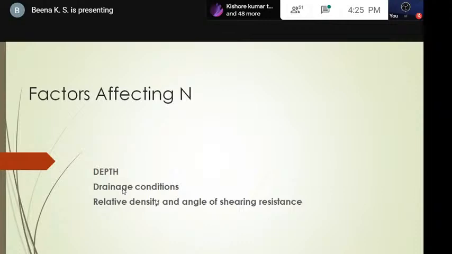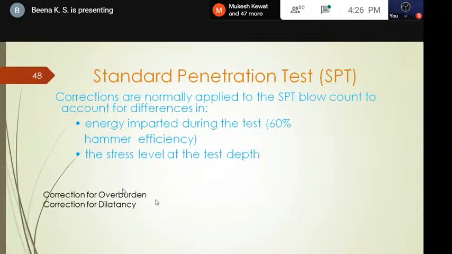These relationships have actually been developed based on past experience between the N value and the soil characteristics of phi and relative density. So these relationships may be used in the design. However, before using the observed values for the design, we have to make some corrections normally applied to the SPT blow counts to account for the energy imparted, that is, energy losses.